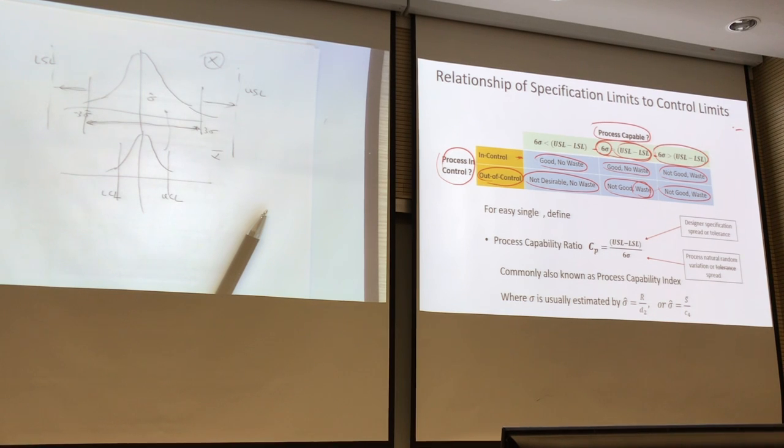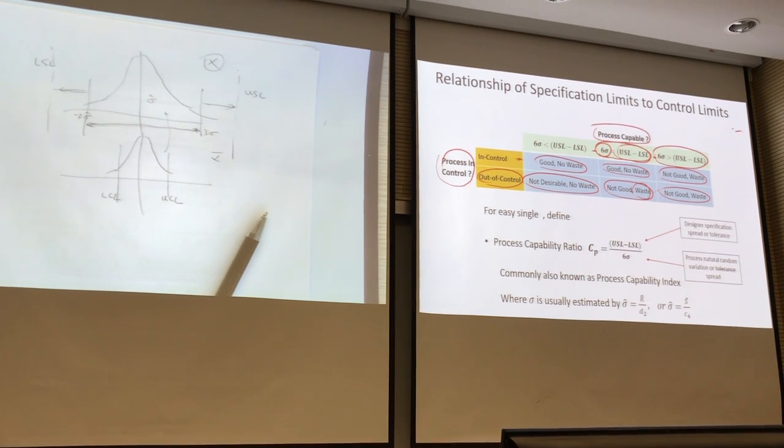So people devised it: if we know these two things, we want to make a simple ratio as the relationship, specifications over process, and then you form a single number.